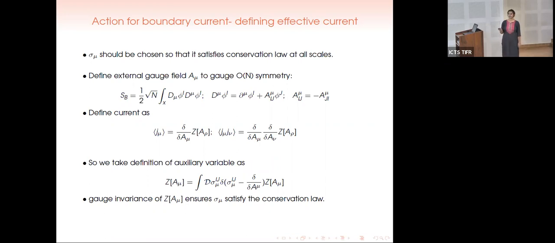If we define the current this way, due to gauge invariance of Z, del mu of the expectation value of sigma mu will always be 0, and the two-point function of the current will also satisfy the conservation law. So that's why instead of taking phi del mu phi, we will take the auxiliary variable as this. So these are the two inputs we have to put for the gauge boson.